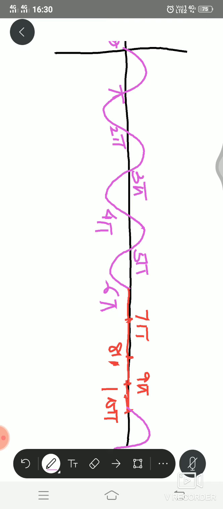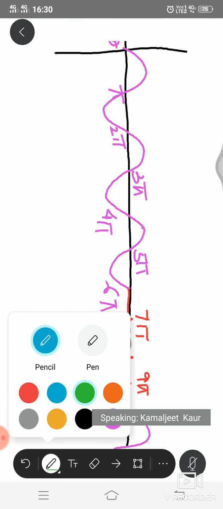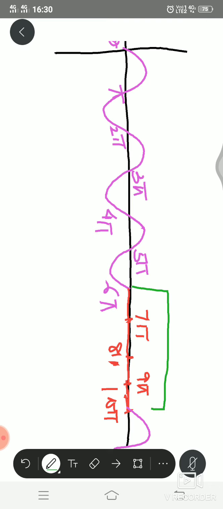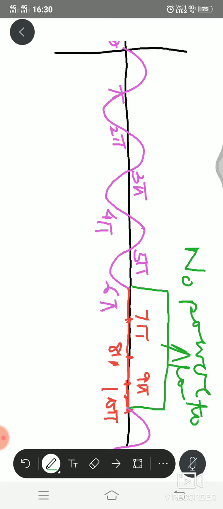So during this time, no power is given to load, because none of the thyristors are working. So output current, load current is also 0 and V naught is also 0.